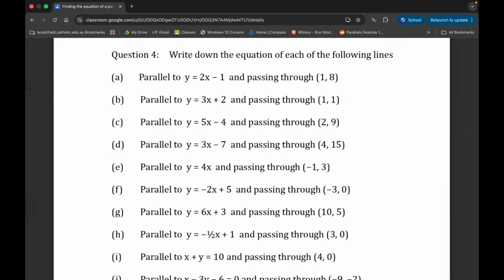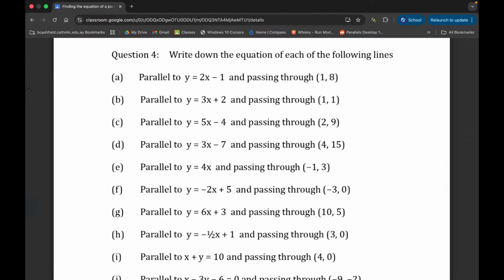Now we know that our gradient is 3 once again. So let's do our substitution.